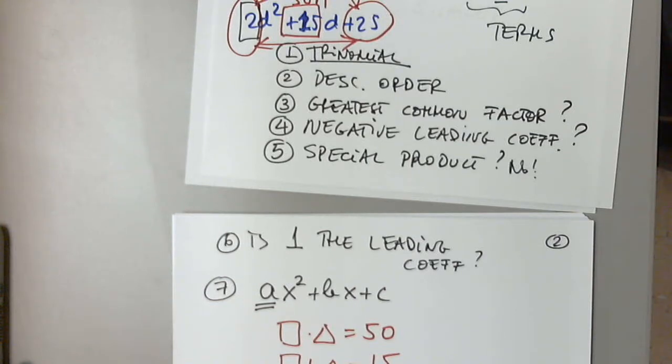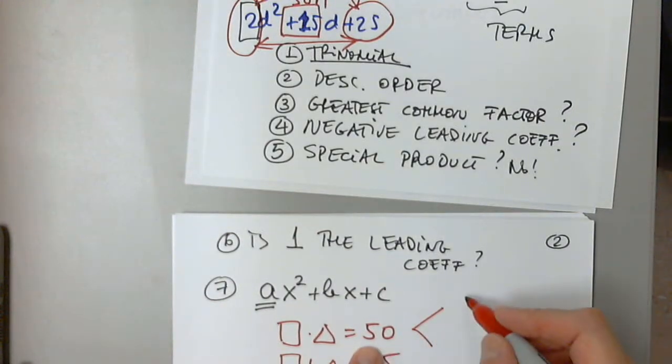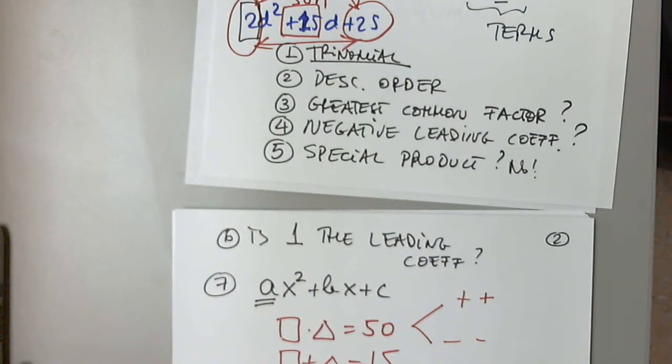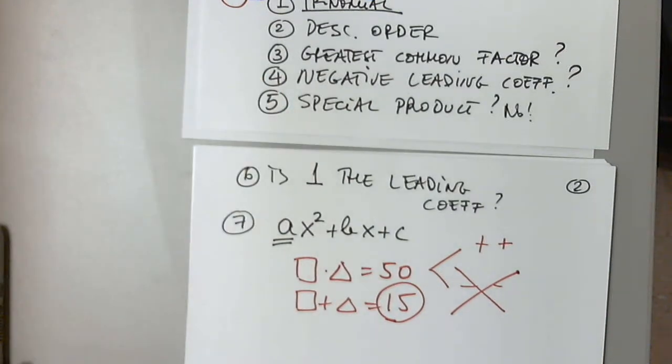What is it? Both are positive. So please understand here, I always start with the product. Because it's positive, both numbers are positive or both numbers are negative. But the sum is 15, so this is not an option here. So now please tell me whether we have two numbers whose product is 50, two positive numbers whose product is 50 and whose sum is 15.